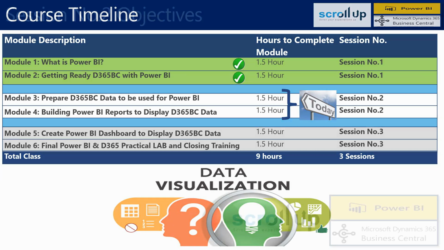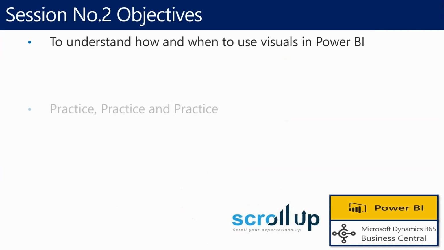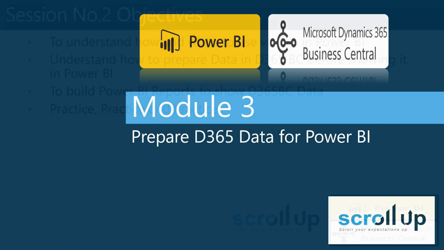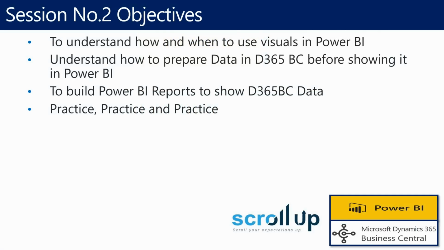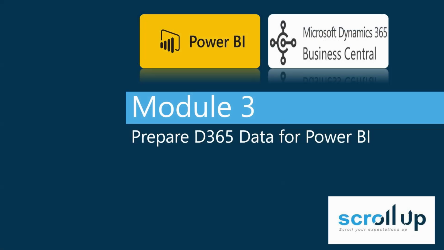Okay, so today the objective will be to understand how and when to use different visuals. So I'm going to cover a big part of visuals today while creating reports in Power BI Desktop. We are going to understand how to prepare data in Business Central and CRM before showing it in Power BI, and how to build Power BI reports to show Dynamics 365 data, and for sure the practice.